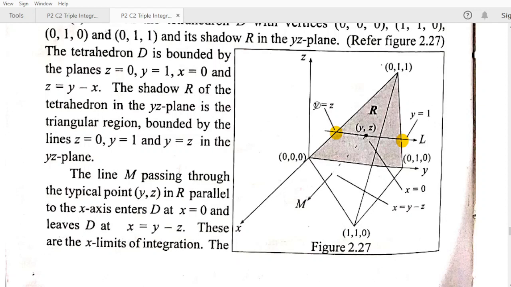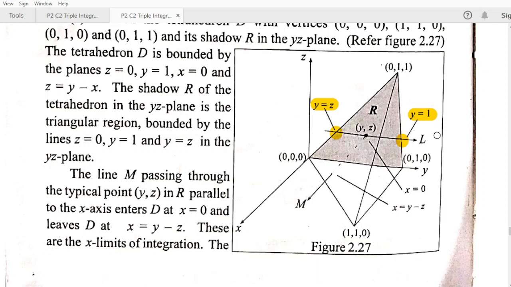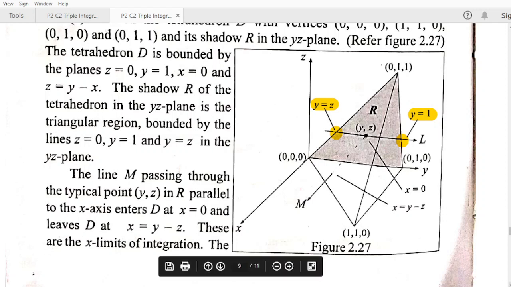By using that equation, we get the equation of this line as y equal to z. Similarly, here also we use the same equation of the line passing through two points. Simplifying, we get y equal to 1. So we get the limit of y from y equal to z to y equal to 1. So the limit of y is from z to 1.